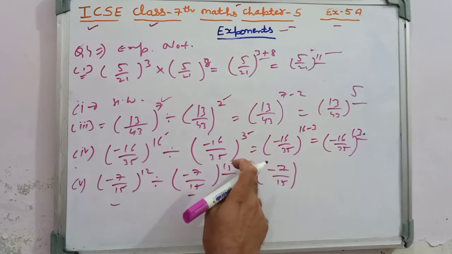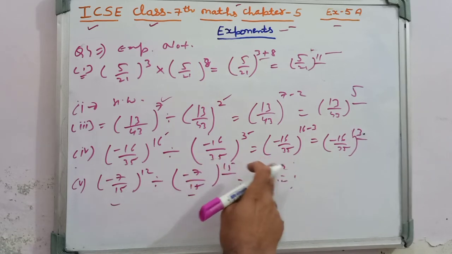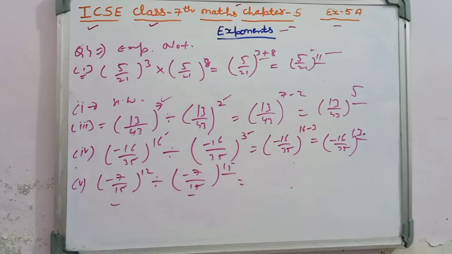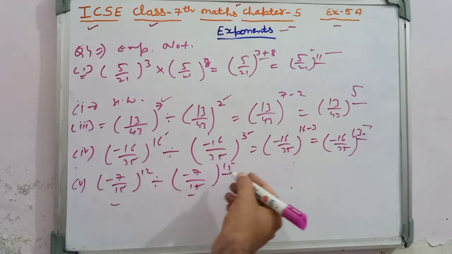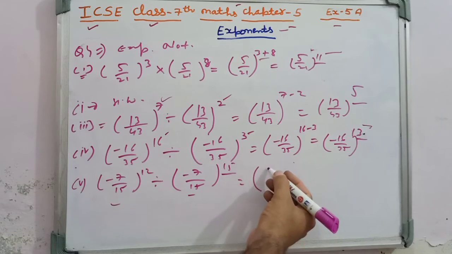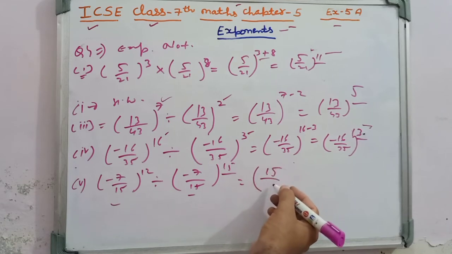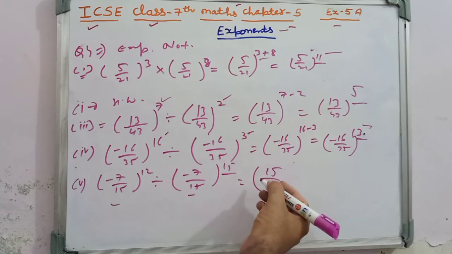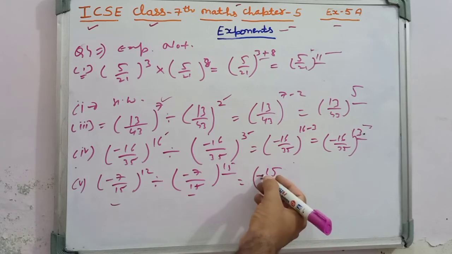For that, we will do minus as it is, as we have done in this, but we will make the numerator the denominator and the denominator the numerator.